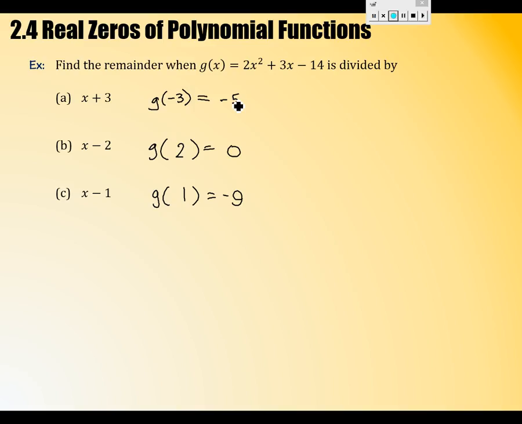Is there anything interesting about what you see there? And which one of those is most interesting to you? And why? Jasper? Why?